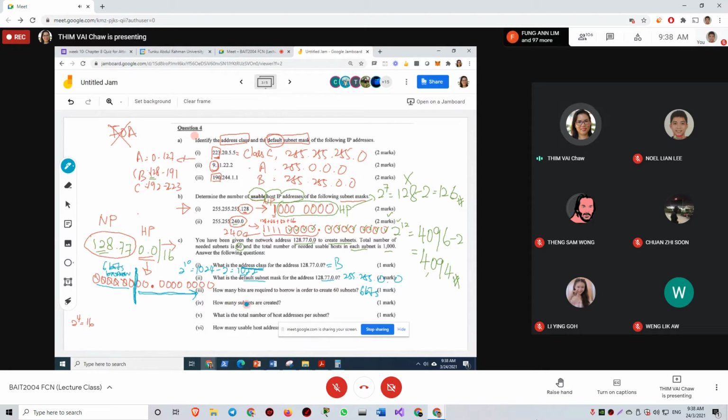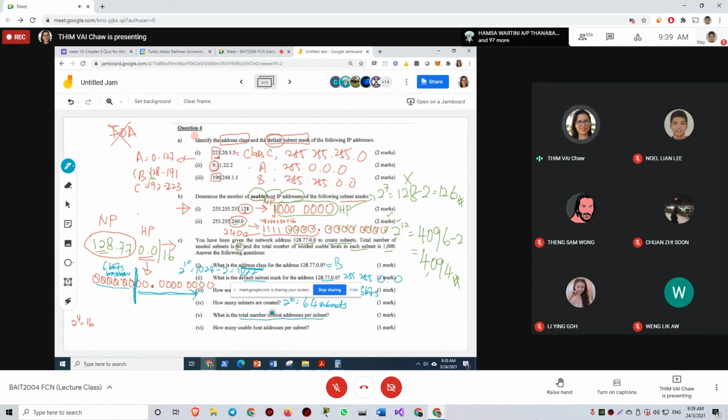How many subnets are created? You use 2 to the power of 6, so you will have 64 subnets. No need to minus. Then, what is the total number of host addresses per subnet?